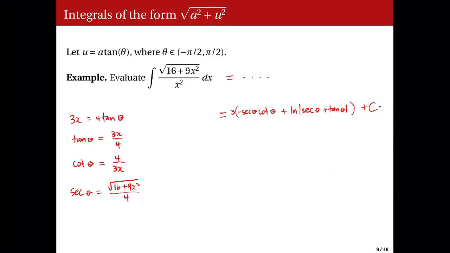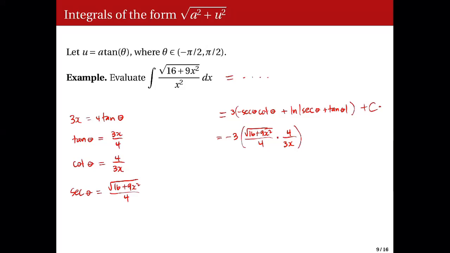So we're done there. This is equal to negative 3 times secant theta, which is the square root of 16 plus 9x squared over 4, then cotangent theta, which is 4 over 3x. You can even simplify this; it's just cosecant theta if you multiply them out.